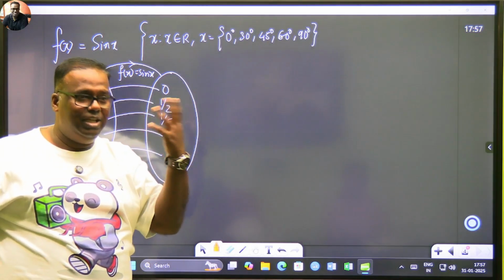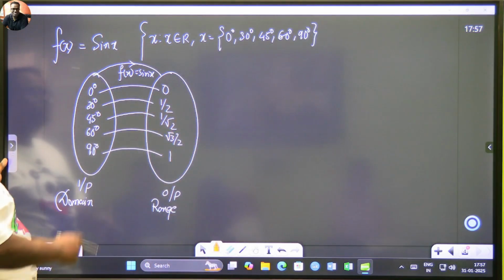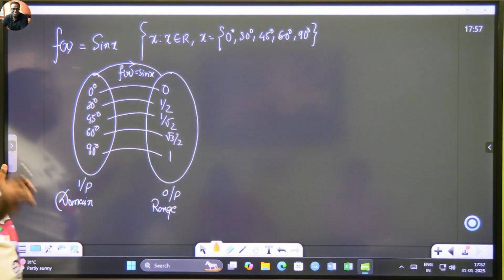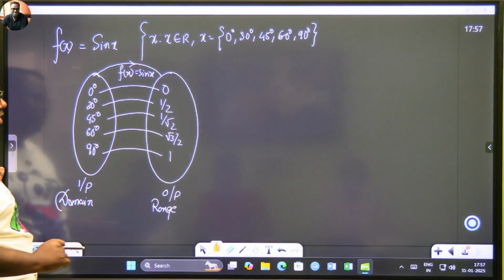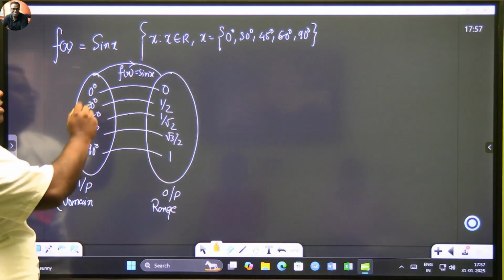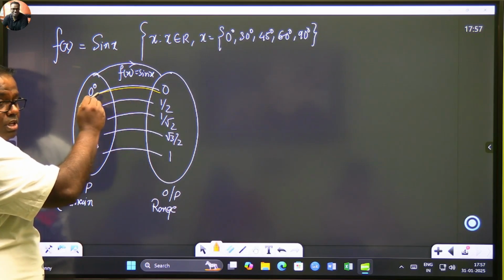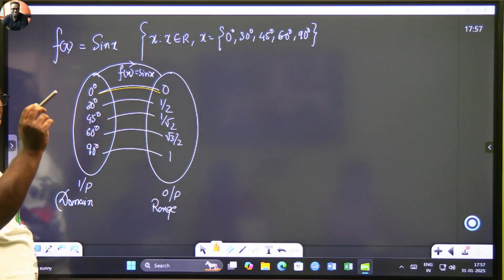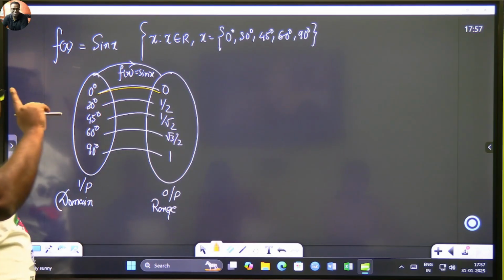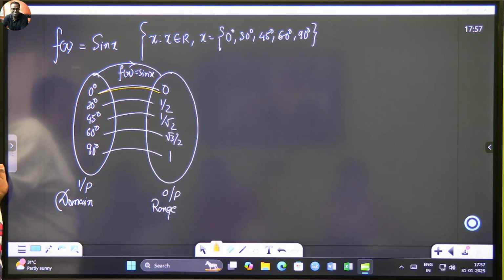Now, the second thing that you should understand when you go to grade 11 and see function diagrams: in a function diagram, always remember, one input cannot have more than one output. One input can have only one distinct output.